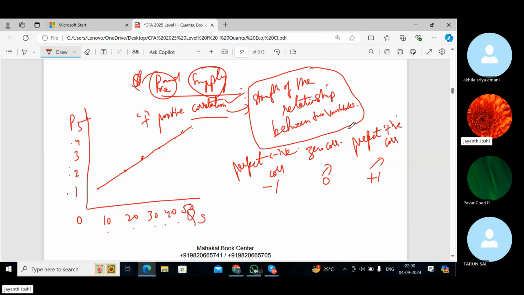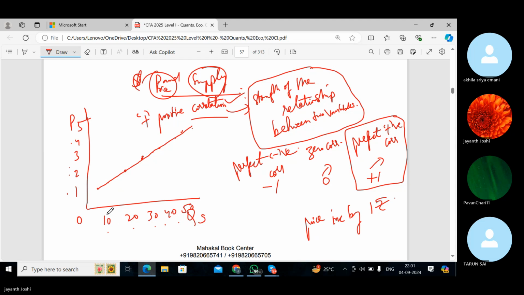So what does perfect positive correlation mean? It means if the price increases by 1 rupee, here you can see the price was $1, you supplied 10 units.